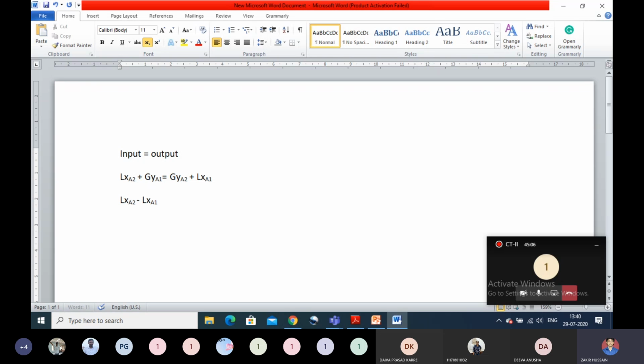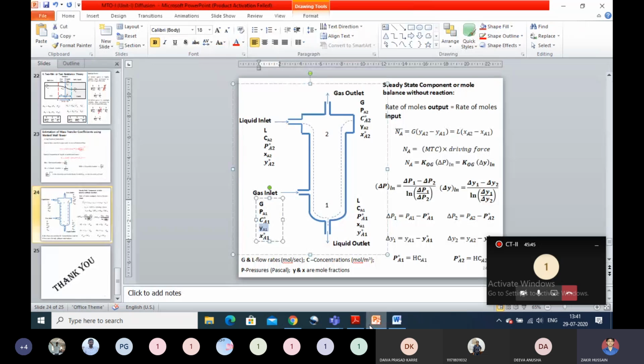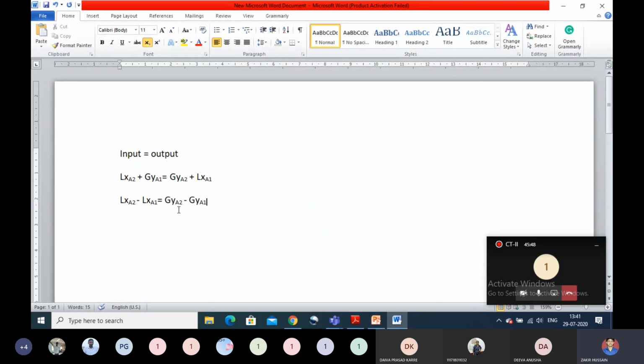So L XA2 minus L XA1 is equal to G YA2 minus G YA1, which is G into (YA2 minus YA1).